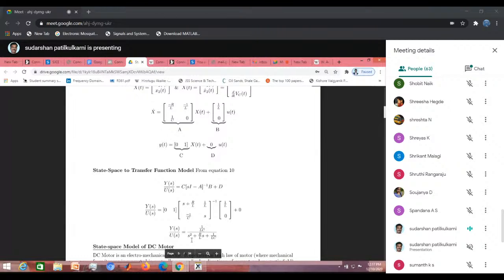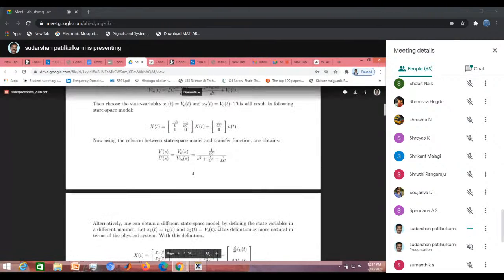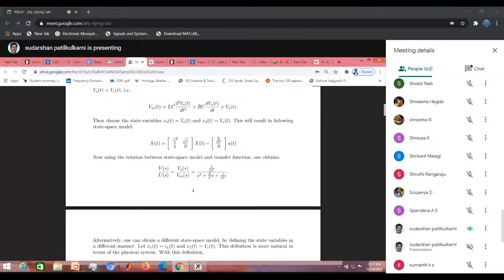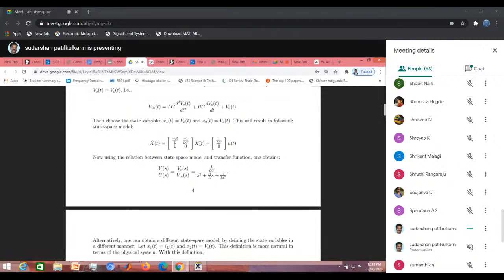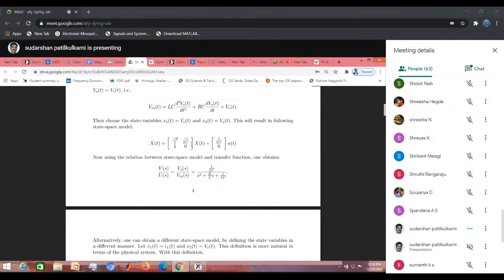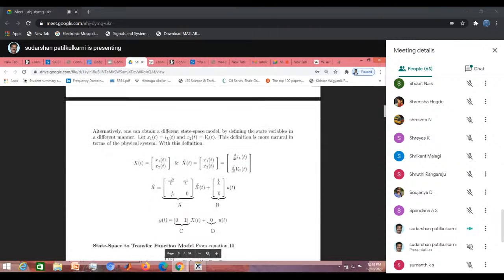And the determinant is S square plus R by L S plus 1 over LC. So you will get the same thing if you use the other state space model, minus R by L, minus 1 by LC, 1 by LC, 0. Two state space models are for the same RLC circuit, and if you apply C (SI minus A) inverse into B plus D, you get the same transfer function.